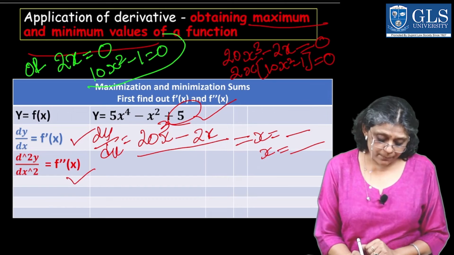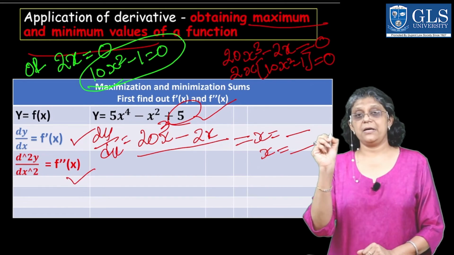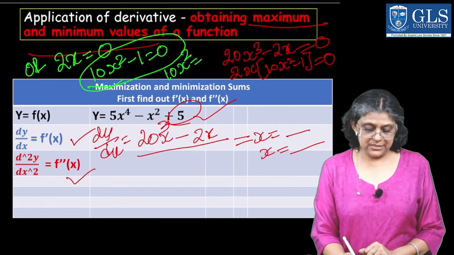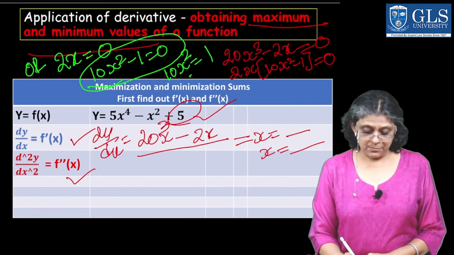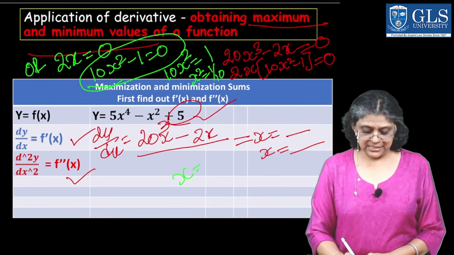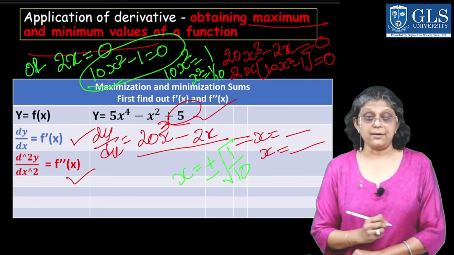From 10x square minus 1 equal to 0, I write 10x square is equal to 1. That means x square is equal to 1 upon 10, and hence x is equal to either plus or minus root 1 upon 10.